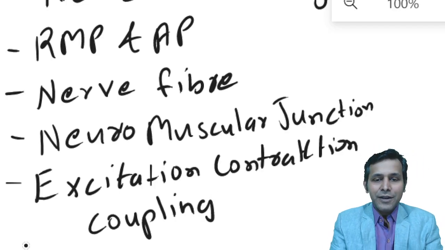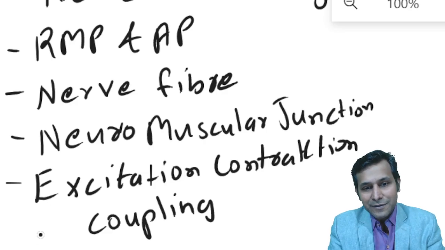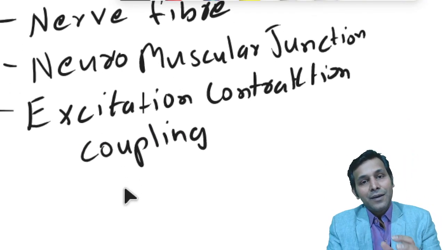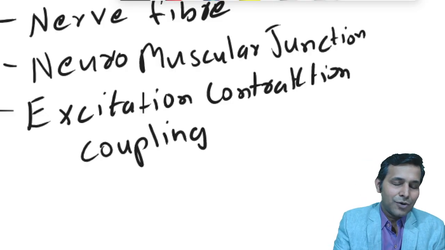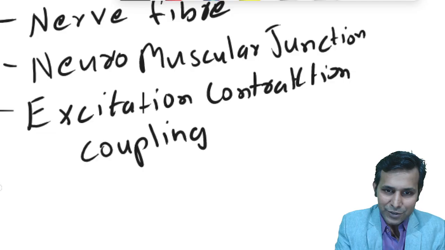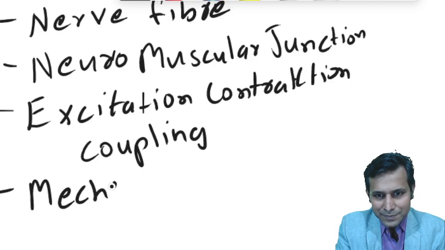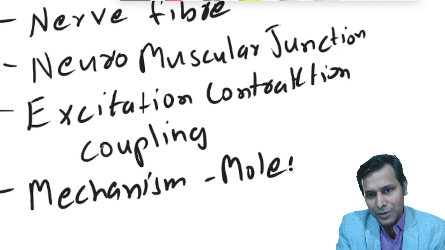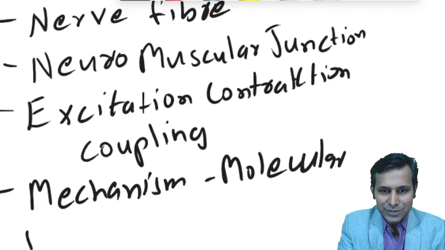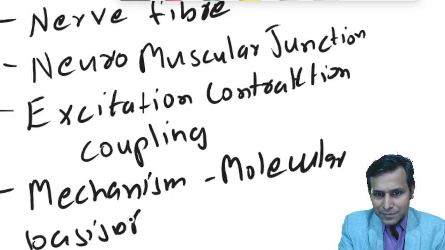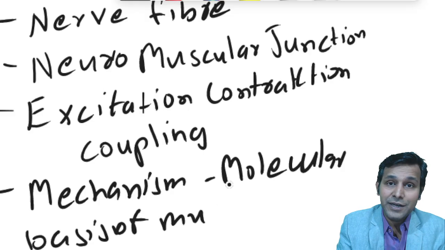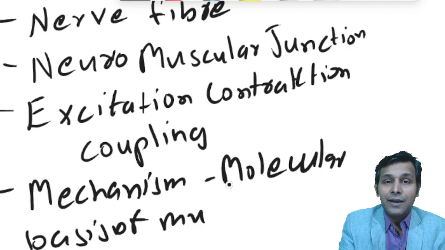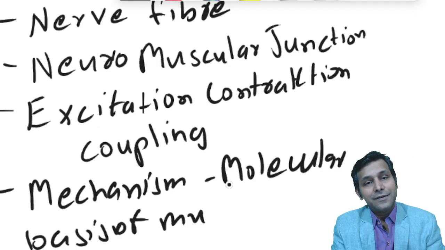Next, after excitation contraction coupling, we'll be discussing the mechanism of muscle contraction, or you can say the molecular basis of muscle contraction, where we will try to understand the molecular structure of actin, the molecular structure of myosin, and how they interact for contraction.